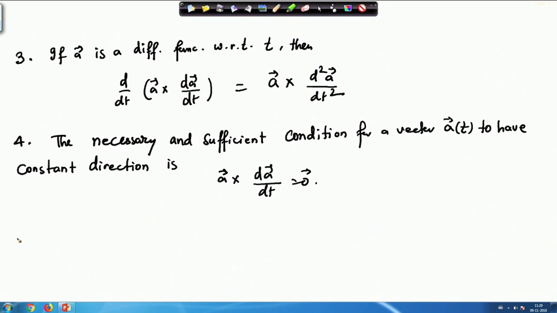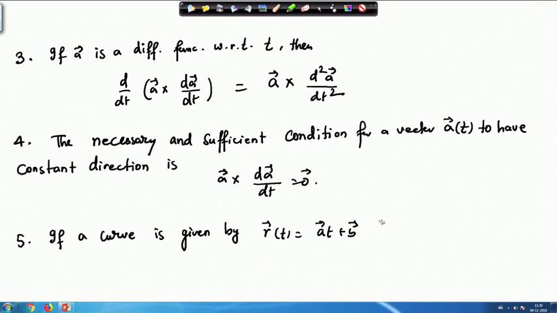I can also list some more properties. For example, if a curve is given by, let us say, r(t) equals A constant plus B constant, then it satisfies d square r by dt square equals a zero vector.